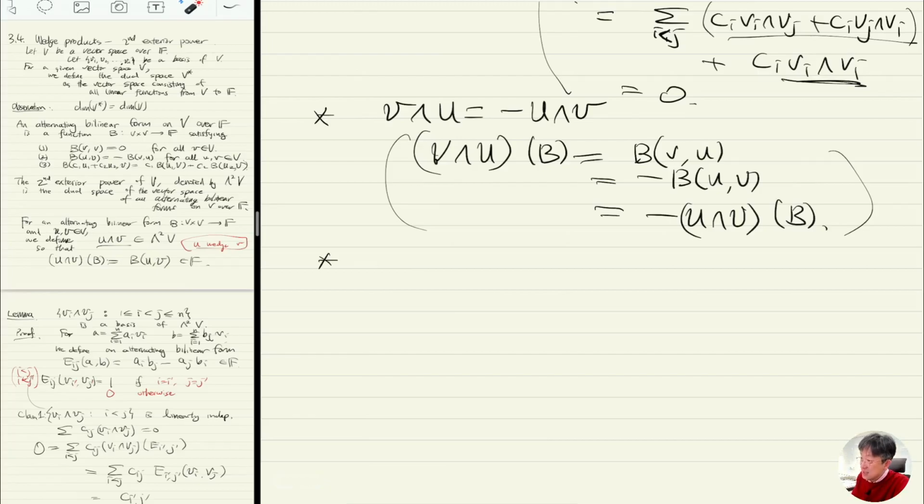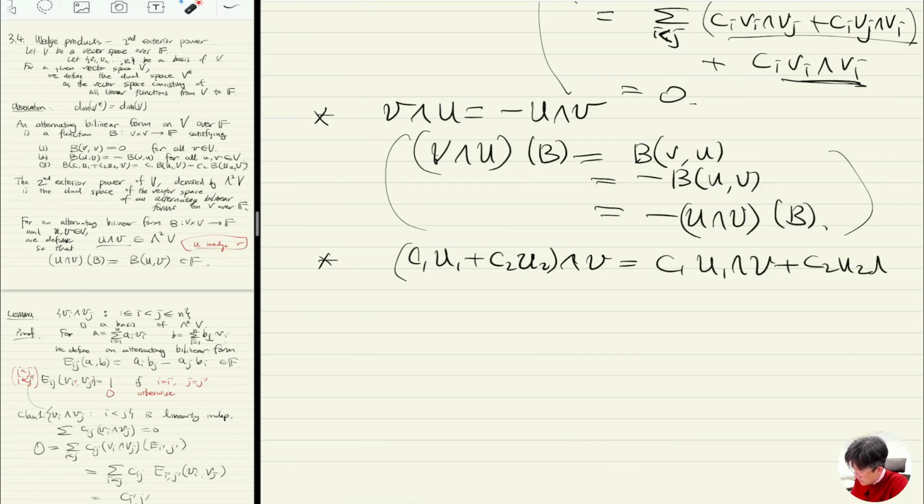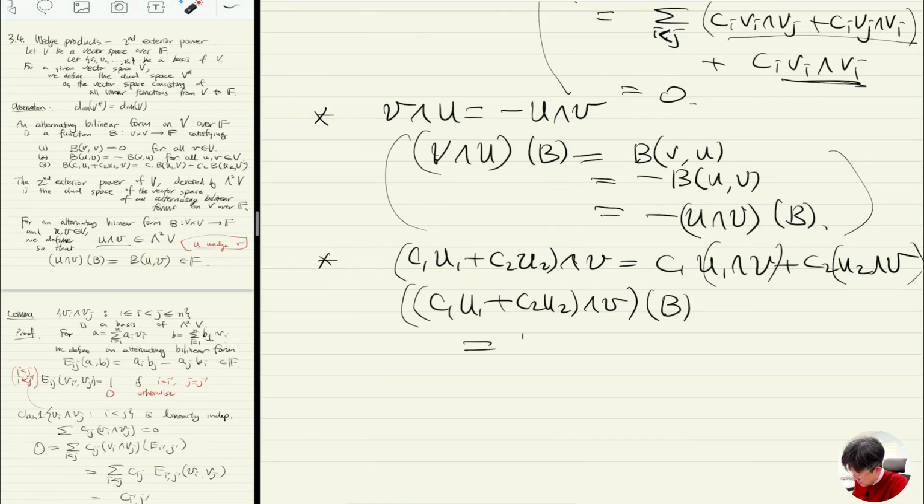And another easy thing is when you have a linear combination, then this is equal to c1 u1 wedge v plus c2 u2 wedge v. And again, this is easy, because c1 u1 plus c2 u2 wedge v, when you apply b, it's going to be b of c1 u1 plus c2 u2 and v.